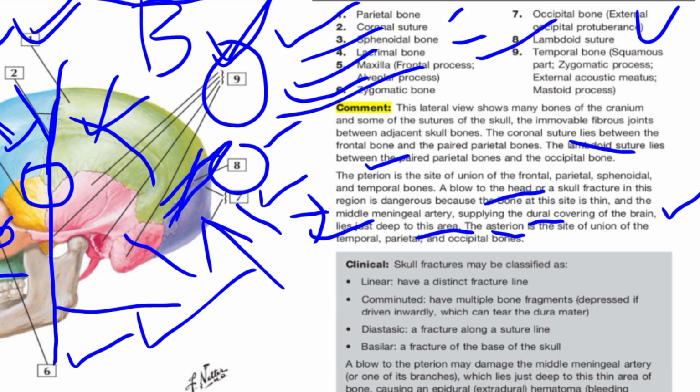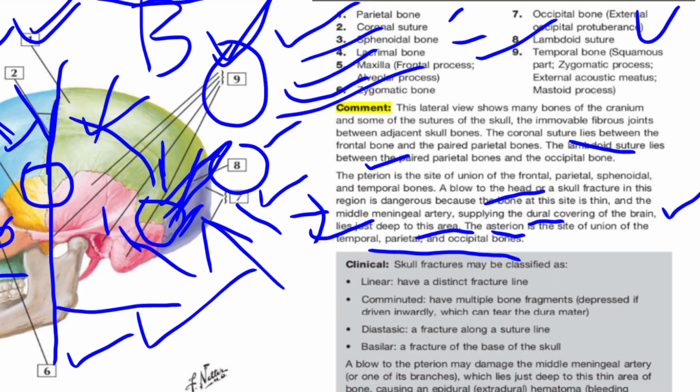And the asterion is the site of union of the temporal, parietal, and occipital bones. This is the area: parietal, occipital, and temporal. So this area is the asterion, and the previous area is the pterion.